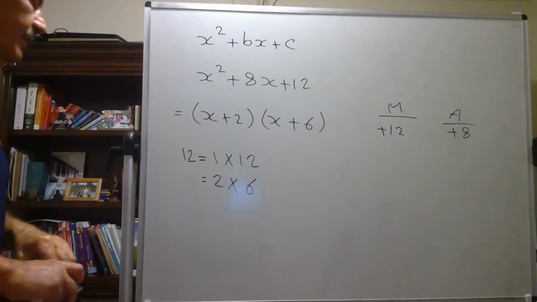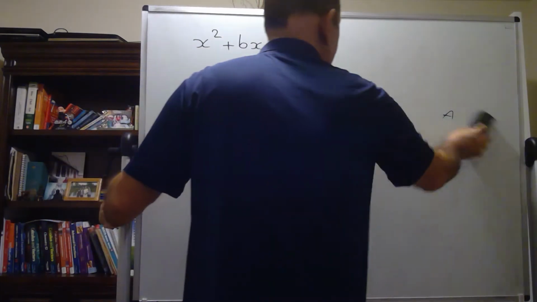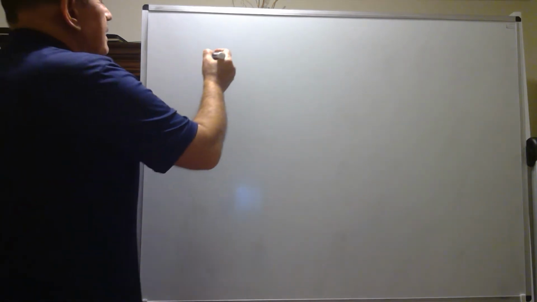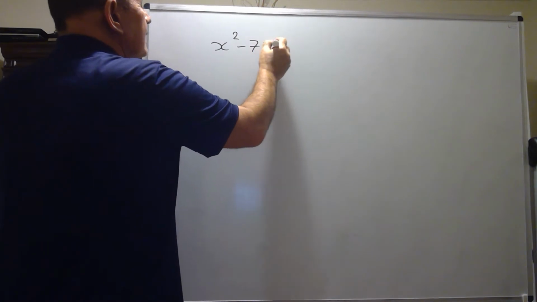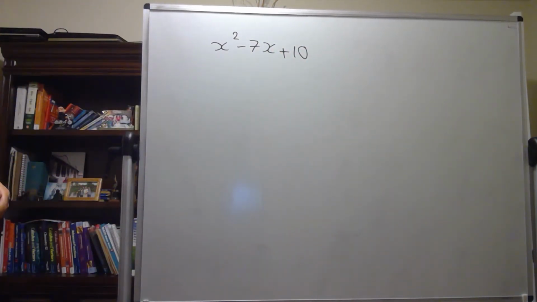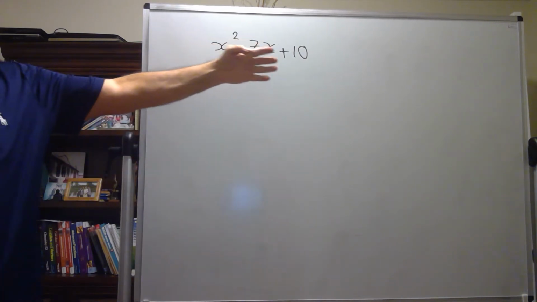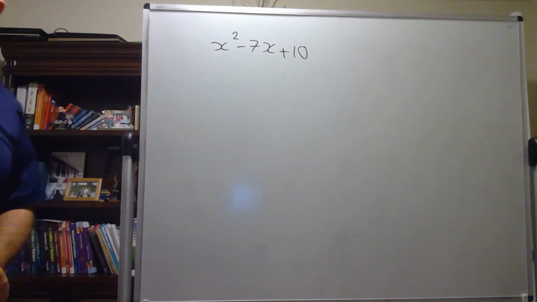Let's do another example. X squared minus 7x plus 10. Again, it's a trinomial, the coefficient of x squared is 1, b is negative 7, and c is positive 10.